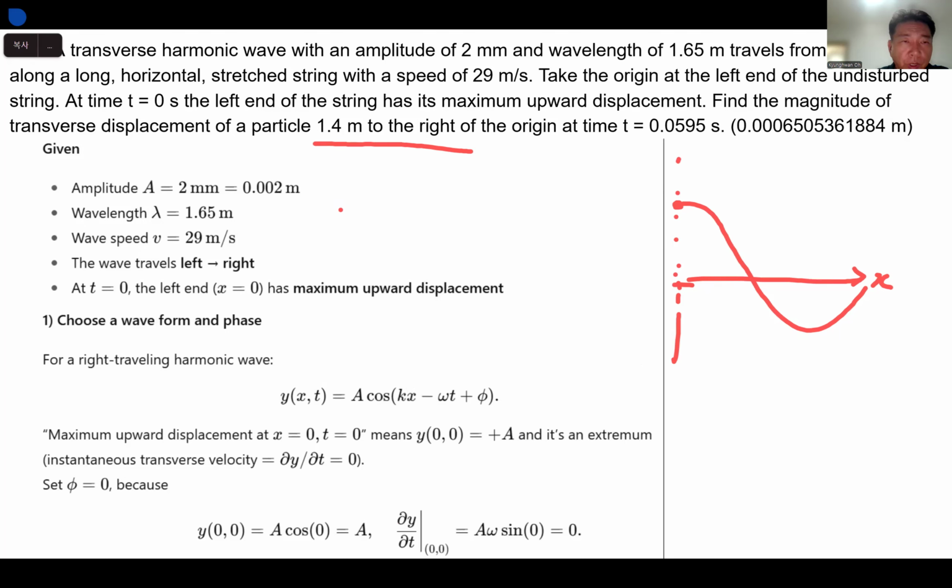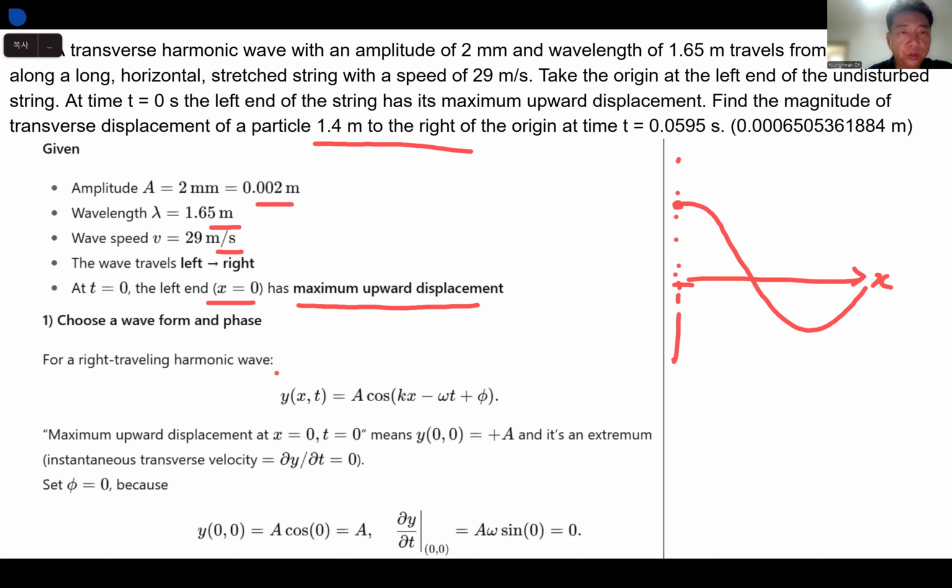So let's summarize what we know. The amplitude is given, the wavelength is given, the speed is given, left to right, and at t equal to 0, the left end, x equals 0, has the maximum upward displacement.